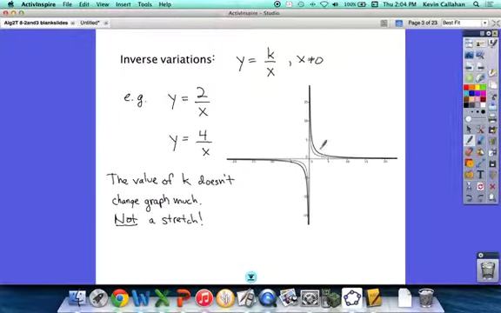Whether it's 2 or 4 or 6, it's still going to be one piece in quadrant 1 and one piece in quadrant 3. So the main point to get out of this is that the 2 and the 4 are part of the parent function, and they don't matter in any important way for us.